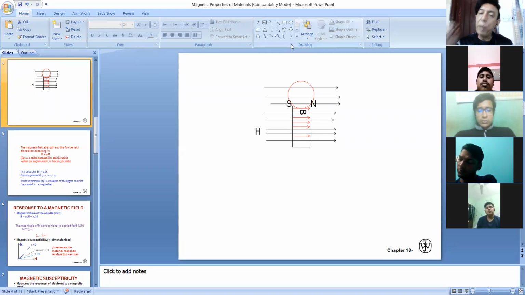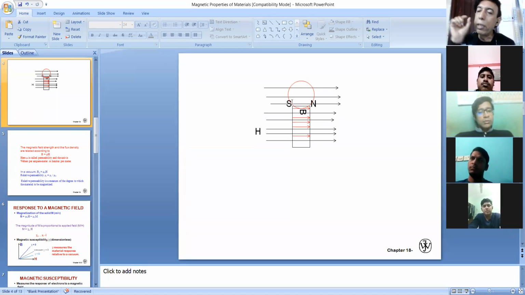So mu is the factor by which H will be increased in the magnetic material, or H will be decreased in the magnetic material, or vice versa. Whatever it may be, mu is the factor by which H decreases or increases inside the magnetic material or outside it.